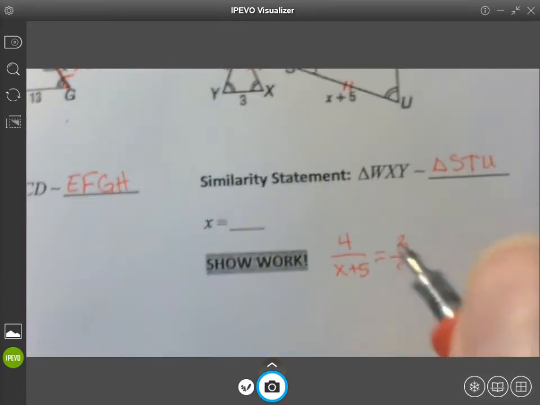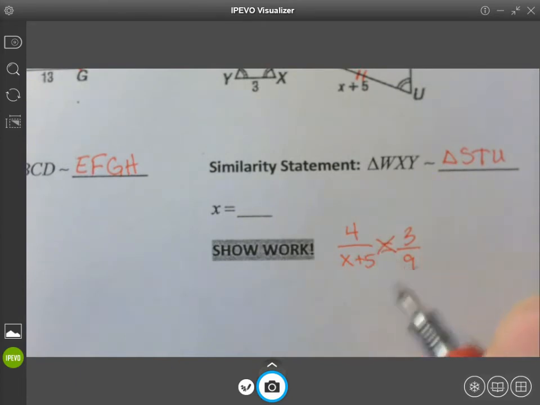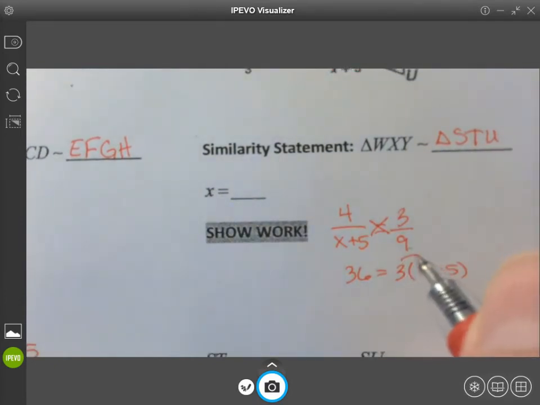Okay, when we cross multiply this, it is 4 times 9, which is 36, and that equals 3 times x plus 5. So we talked about this in detail about making sure we distribute. 36 equals 3x plus 15, and then let's solve it. Subtract 15.